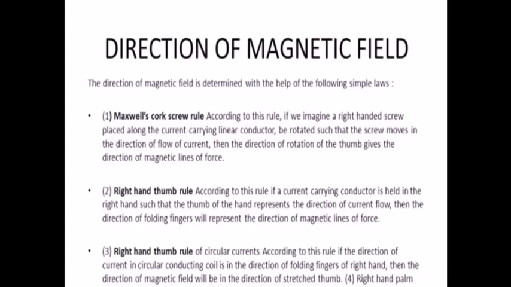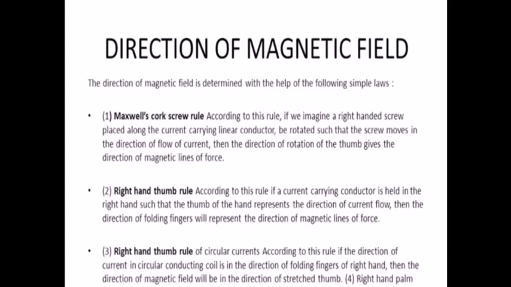One is Maxwell's corkscrew rule, or simply we call this the screw rule. Second one is the right hand thumb rule. The right hand thumb rule is for 2 cases. It is valid for a straight current carrying wire, and it is also valid for a circular current carrying wire. So it is applicable to both cases.